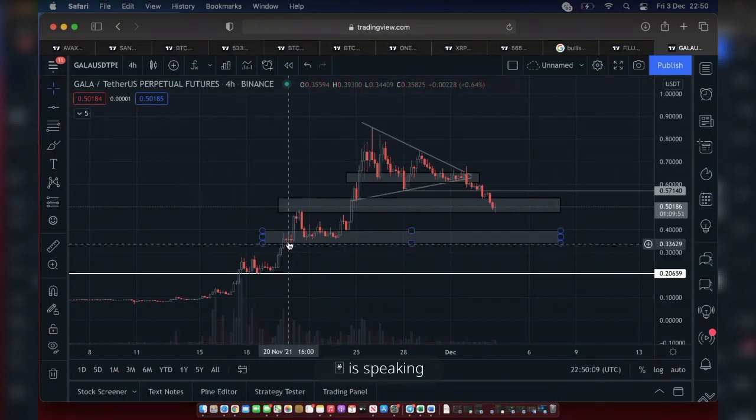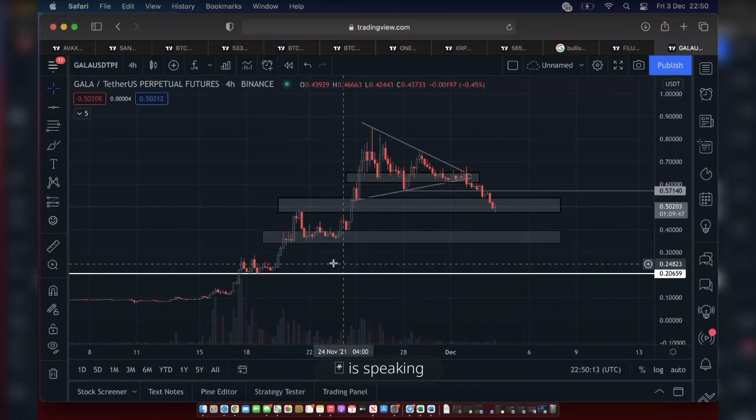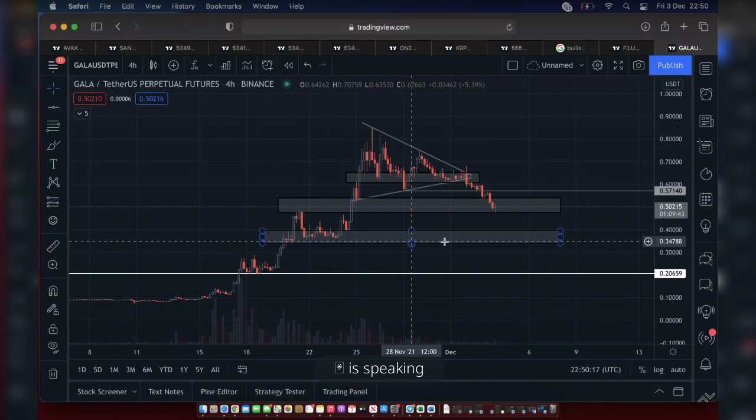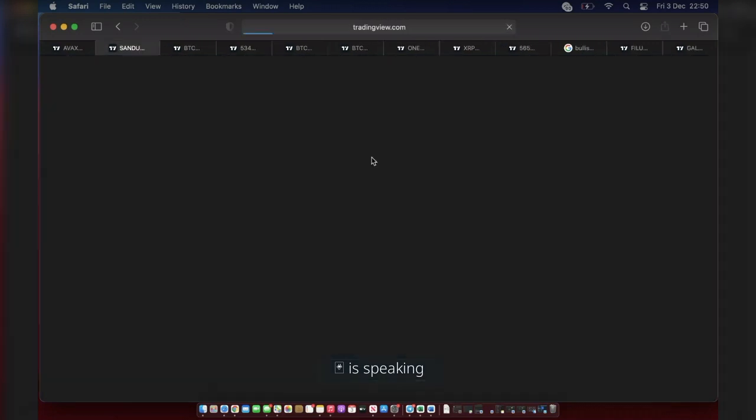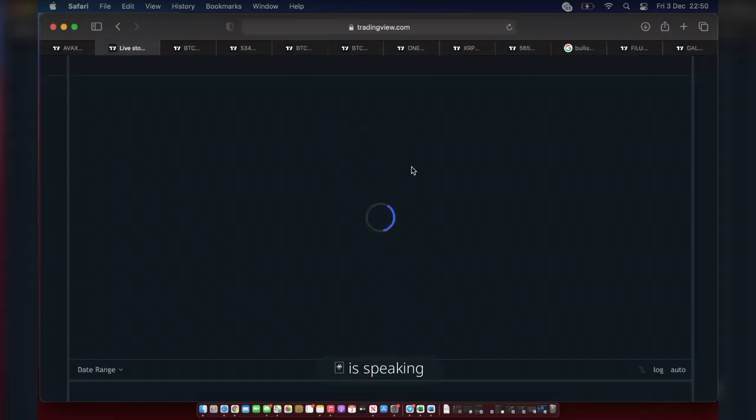When you get a wick into the zone, you want to see if price is reacting from the lowest point. You see price is reacting, reacting, reacting, and then you've got a bigger reaction from this wick here. From this candle on the 28th, we got a massive wick from that zone.